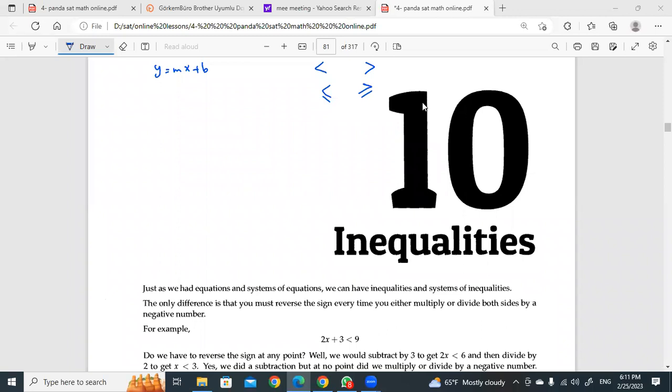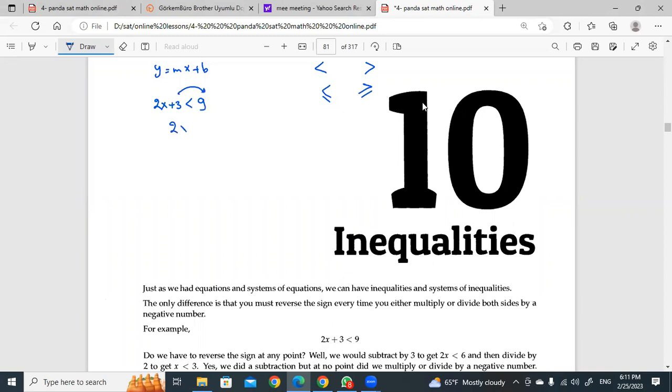Okay. For example, for the inequalities, if I have 2x plus 3 less than 9, I need the value of x. So first of all, I have to move the 3 to the other side with the negative sign, as we know.